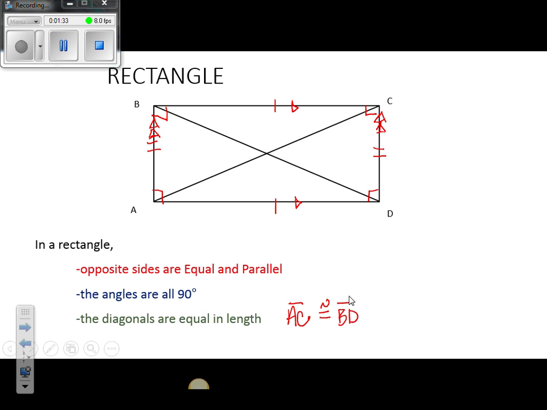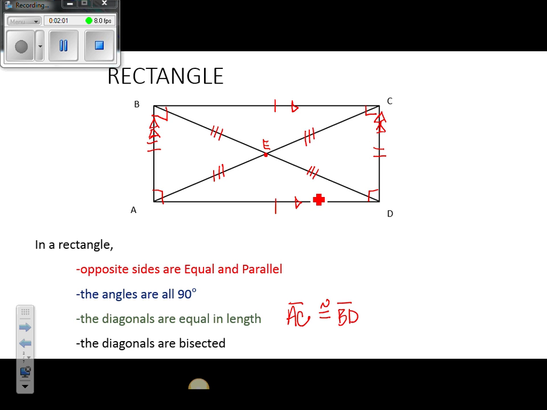Another thing that we know about a rectangle is that the diagonals are bisected. So they all meet at point E, and we can say that because they're all bisected and they are of equal length, EC is congruent to AE, which is congruent to BE, which is also congruent to ED. Now this happens because it's not a slanted parallelogram.